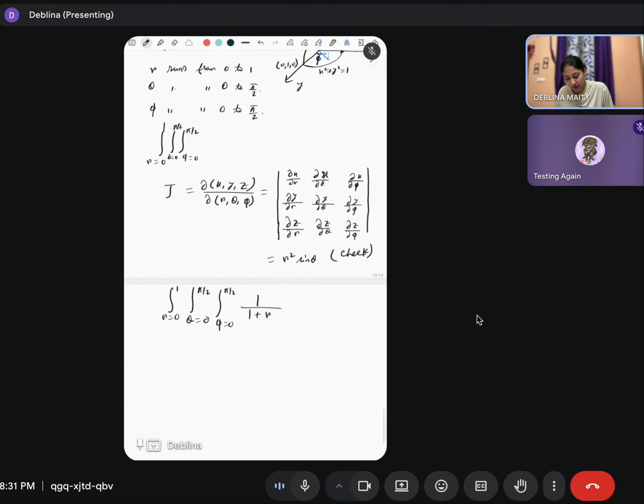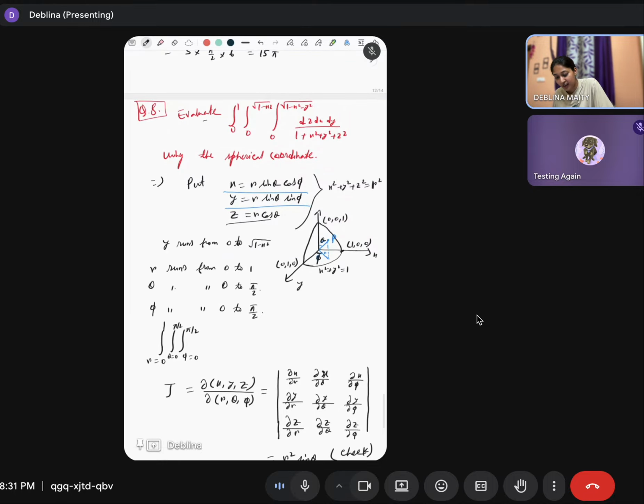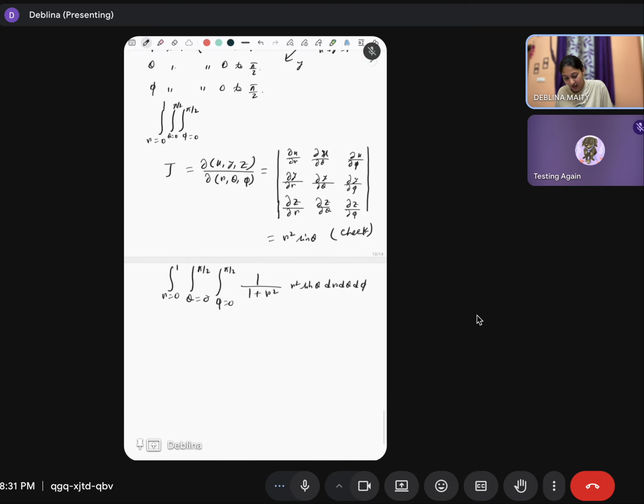So this is 1 by 1 plus r square, and J is r square sin theta, and it is dr d theta d phi, right? So if it is I, then I becomes this one. Okay. Now just do the calculation.